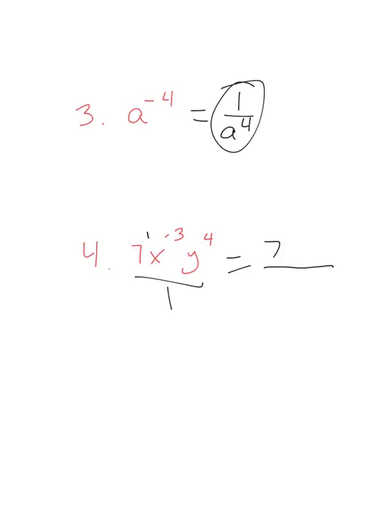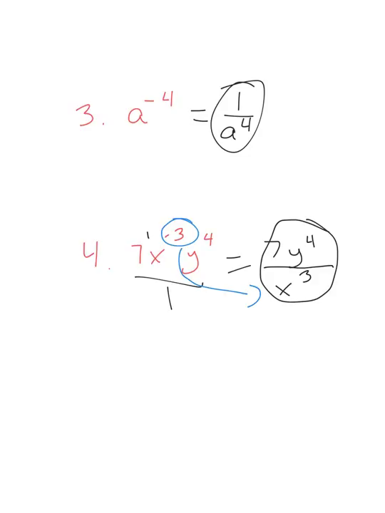But I see the negative 3 here, so we know that part goes underneath. So x to the negative third, x to the third, we change it to a positive, goes on the bottom. And then if we look at our y to the fourth, the 4 is positive, so that's going to stay on the top as well. Y to the fourth. Okay, and that is how we write our answer for that.